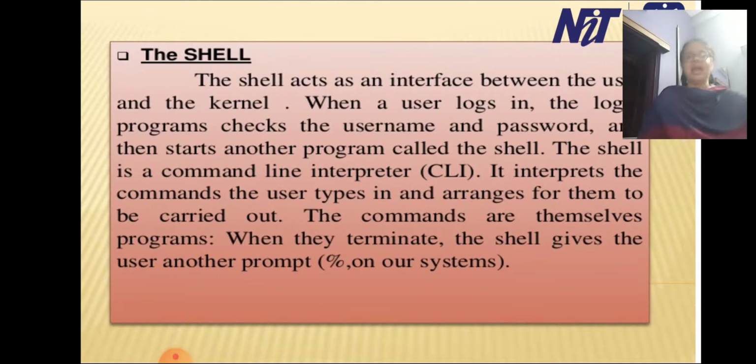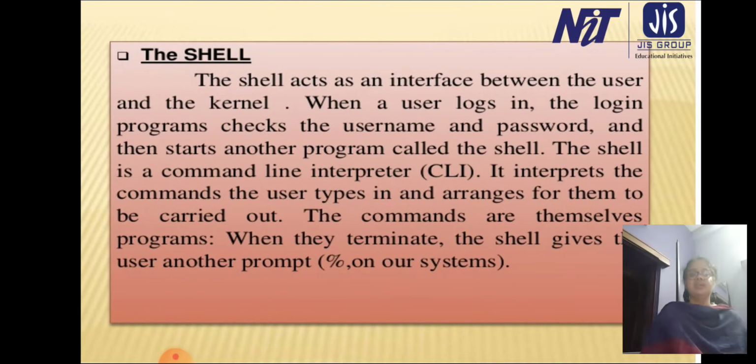The shell acts as an interface between the users and the kernel. When a user logs in, the login program checks the username and password and then starts another program called the shell. The shell is a command line interpreter.